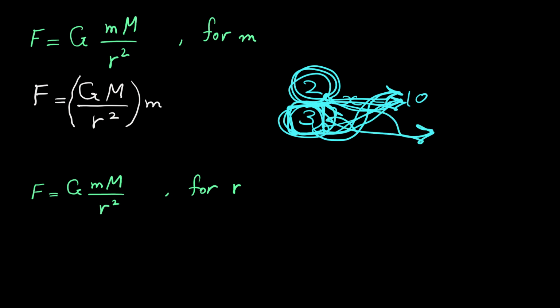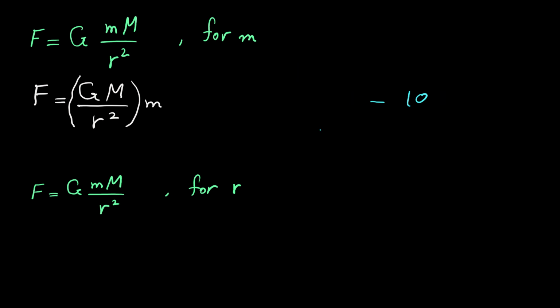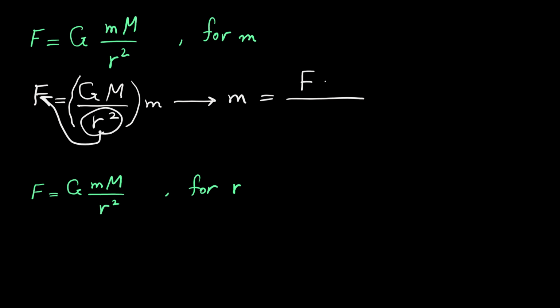So the denominator goes to the numerator, the numerator goes to the denominator. If we do the same thing for this, what is M? Then M would be F, this goes to the numerator, F R to the 2 over G. And this goes from the numerator to the denominator, like a cross multiplication.